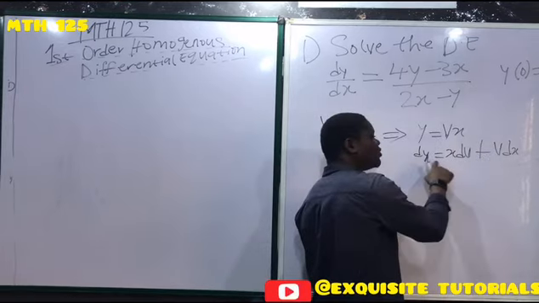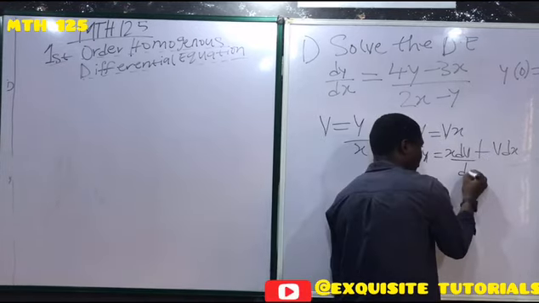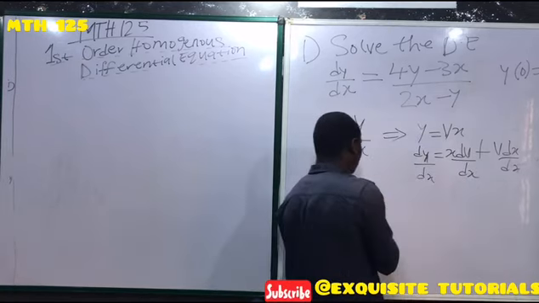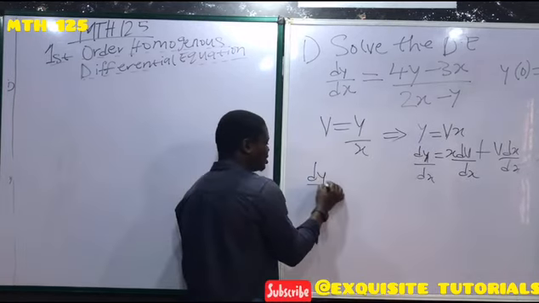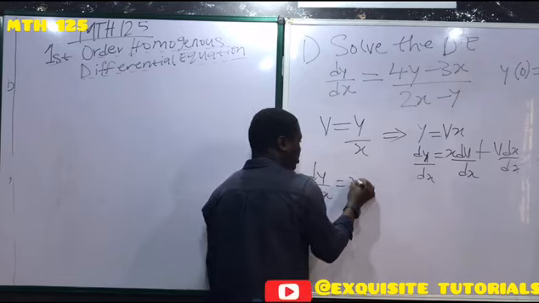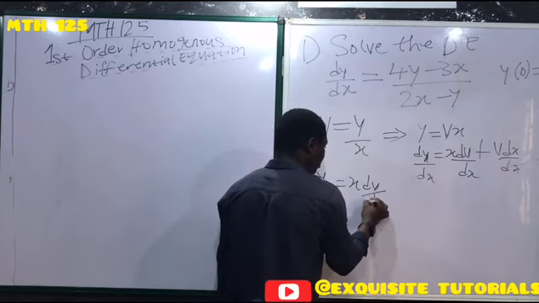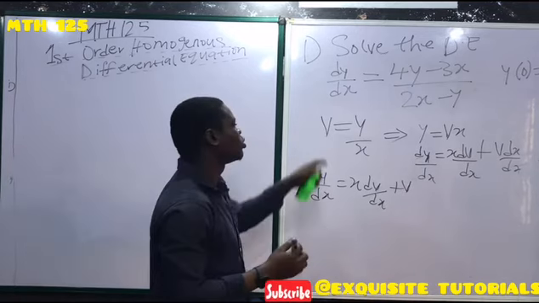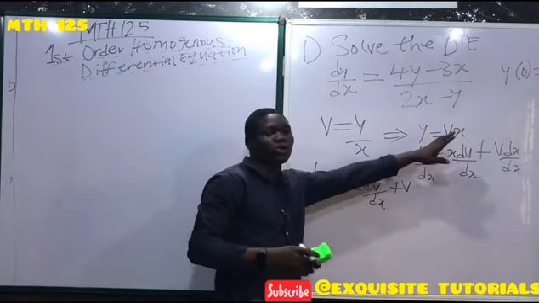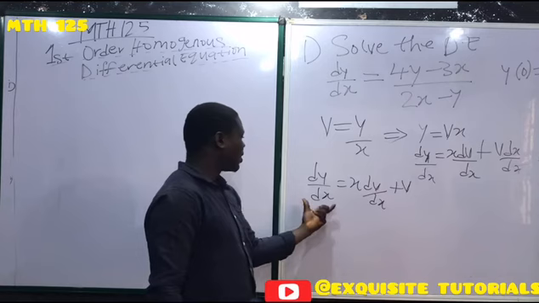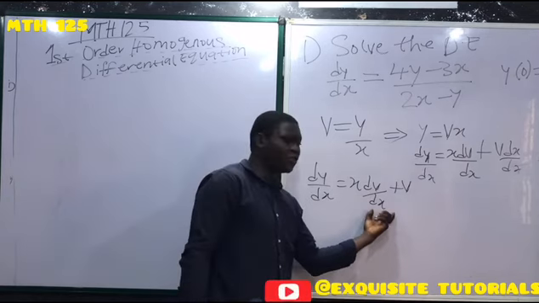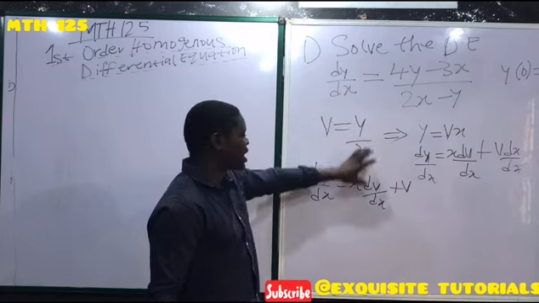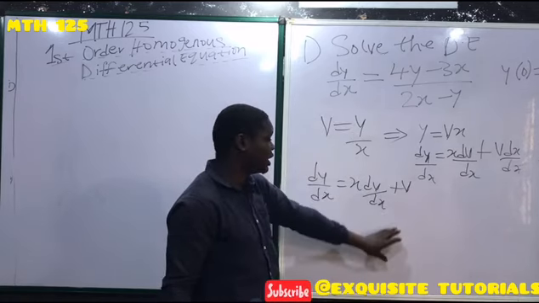Now if I divide everything by dx, I'll be left with dy over dx equals x dv over dx plus v. Now because I have said let v equals y over x such that y equals vx, our dy over dx becomes x dv over dx plus v.